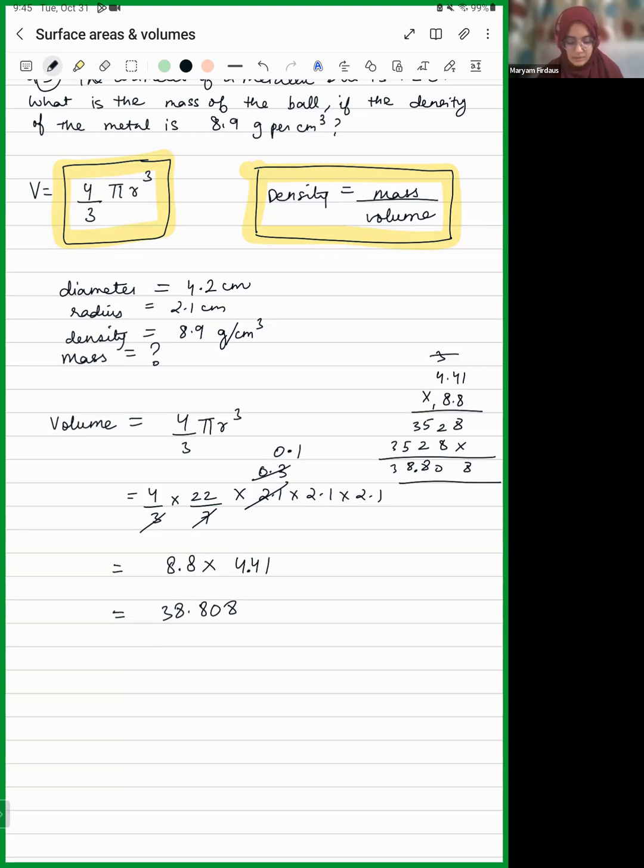Yes? Is my calculation correct? Or is the answer something else? Prishita, what answer are you getting for the volume? I'm doing the decimal calculations.